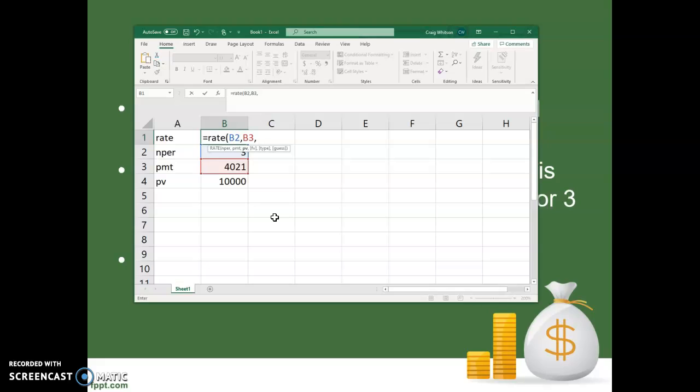The present value, if we're the bank, we're giving that money away at first, we're loaning it out, so that's negative, it's leaving us, and those payments are going to come back to us over the next 3 years. So we'll leave the payments as positive, make the present value negative, and calculate that rate.